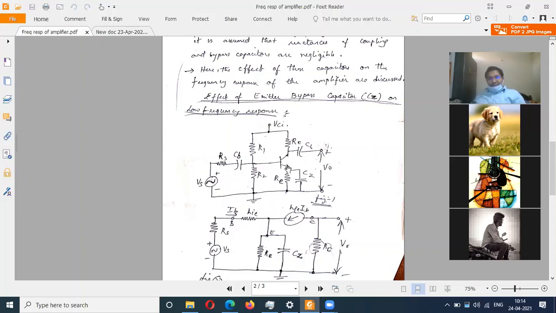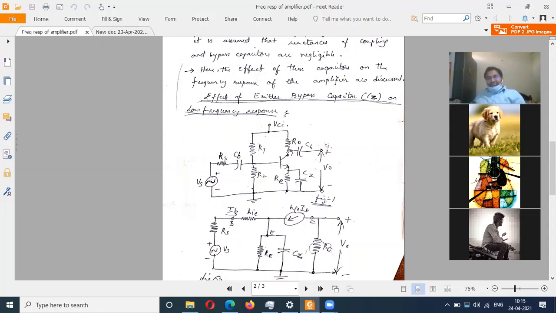Then from emitter, we take these two components as it is. Then from collector to emitter, hfe IB. That is the equivalent circuit for the transistor, which we have seen so many times in previous classes.